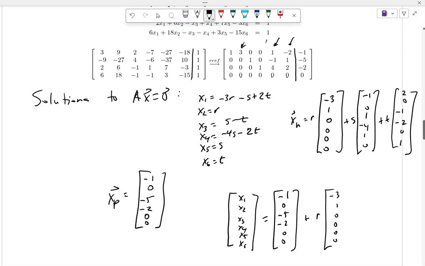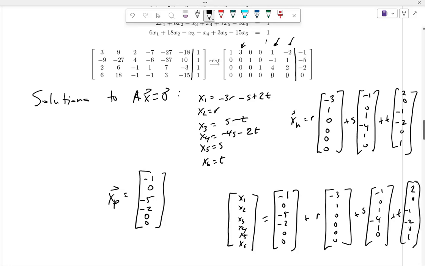And we've done this before earlier in the semester, didn't we? We called this parametric form, I believe. This is what we did earlier in the semester. We're just making it a little bit more conceptually precise, if you will.